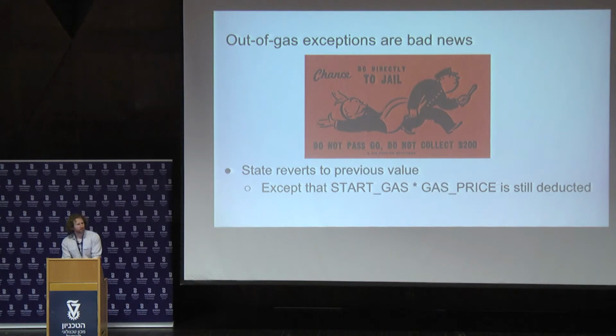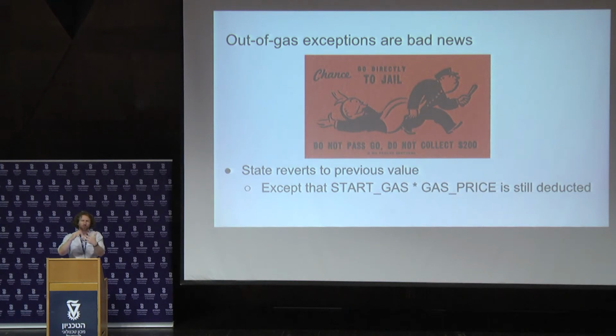So you don't want to run out of gas. In general, it's something you should be able to avoid, because before you post a transaction, you can always simulate locally and see what the result of your transaction is going to be. But you're never 100% sure, because you can't predict. You have to post the transaction and wait for a miner to include it.